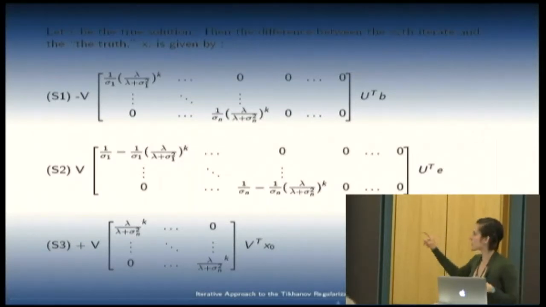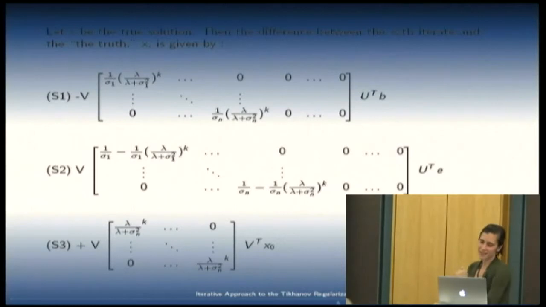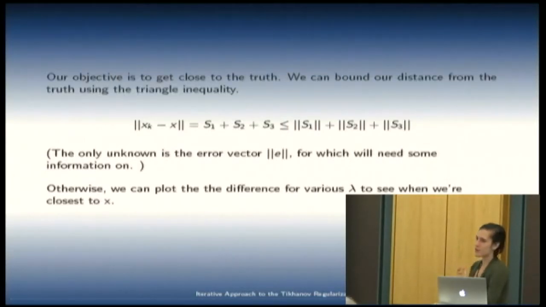And you can bound this. Just using the triangle inequality, you can bound this. The triangle inequality, if you remember, like from Pythagoras' theorem, just says that the norm of the sum of the three matrices is less than the sum of the norms of each of them. And so we know we have an upper bound on xk minus x.